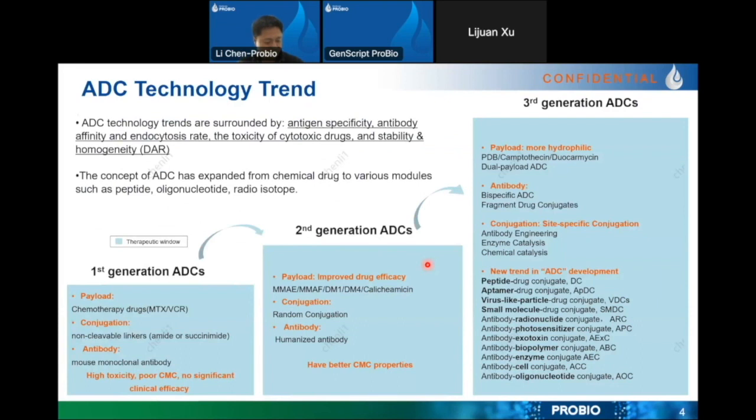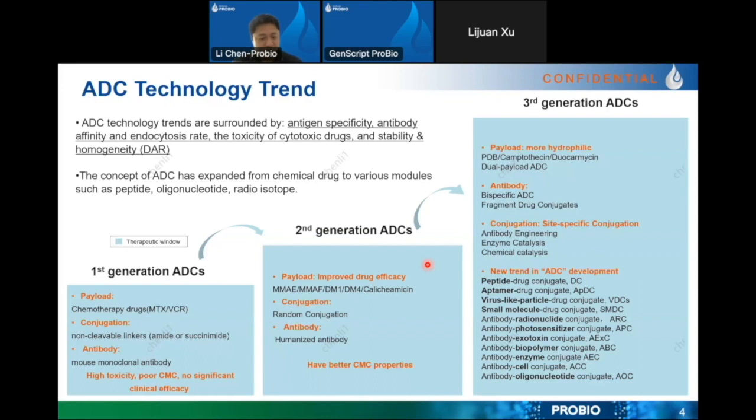So far, there have been three generations of ADCs. The first generation is comprised of traditional chemotherapy drugs and non-cleavable linkers. The major issues of these ADCs include undesirable efficacy from the toxin, unstable linker leading to systemic toxicity and a narrow dosage window, and hydrophobic toxin leading to negative impacts on the uptake of the drug.